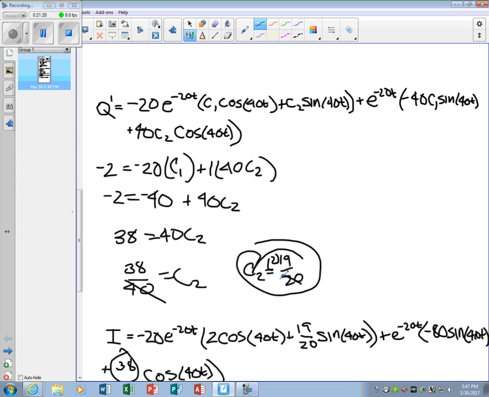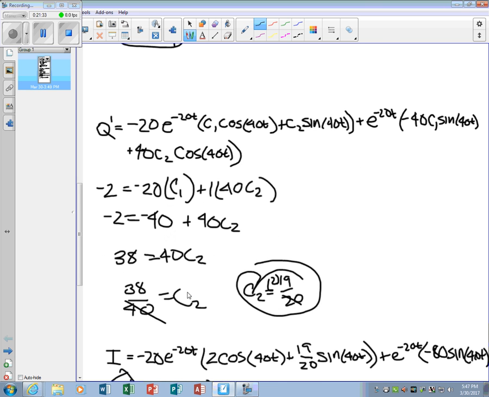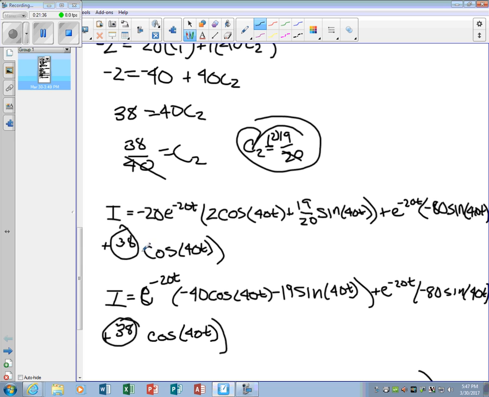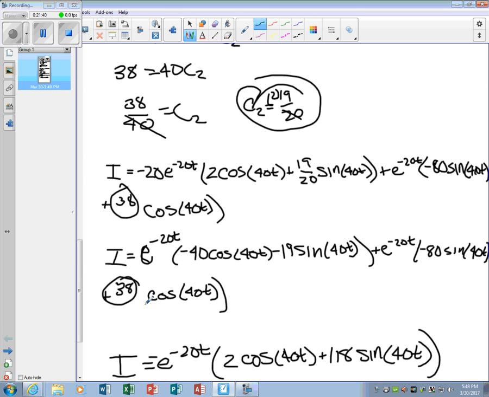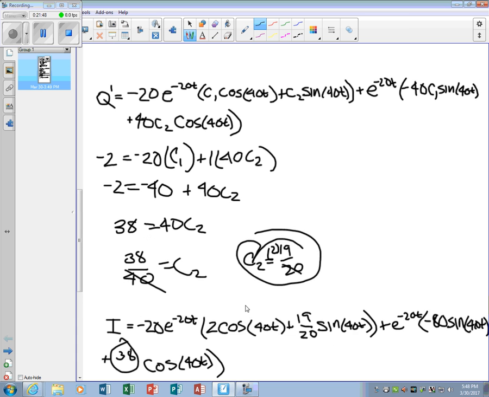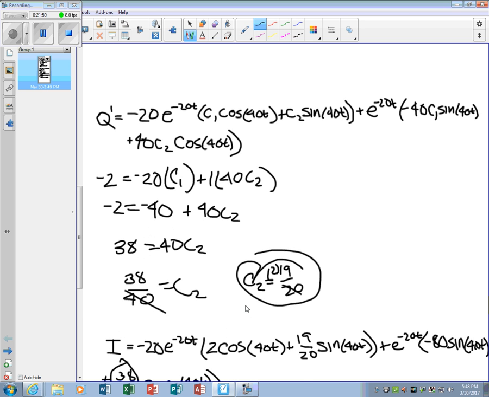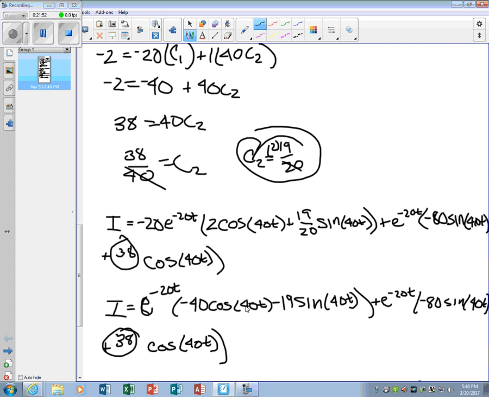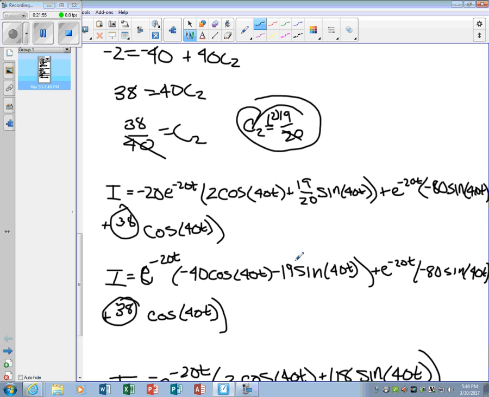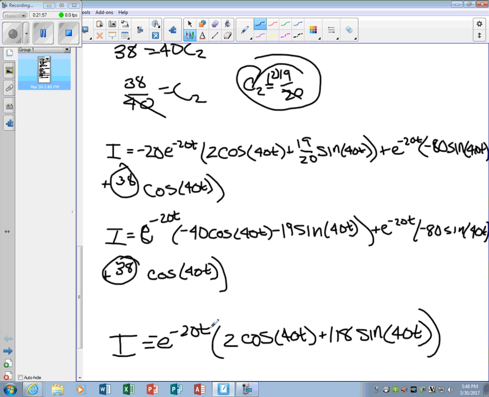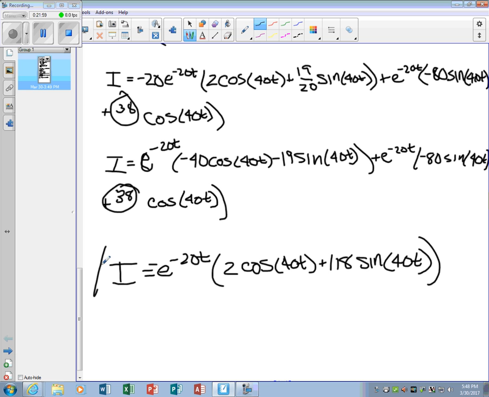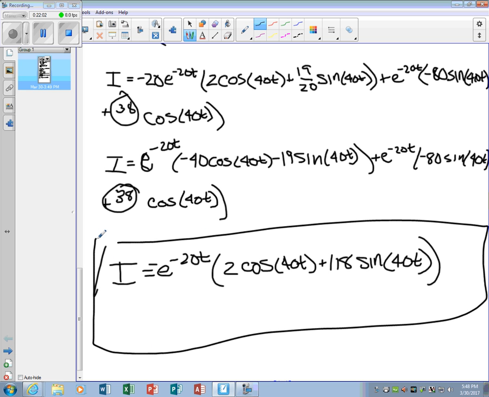I reduced it. I didn't really need to reduce it, I see that now, but it does come out to be 38 for that value right there and 38 for this value right here. So all in all, it looks really good. This turns out to be 19 because we brought this 20 in here. And yeah, this is our final answer.